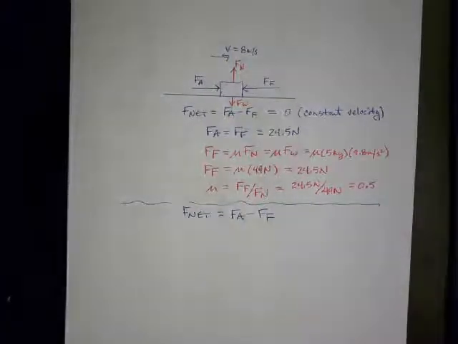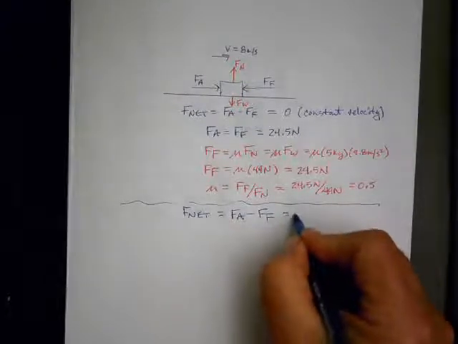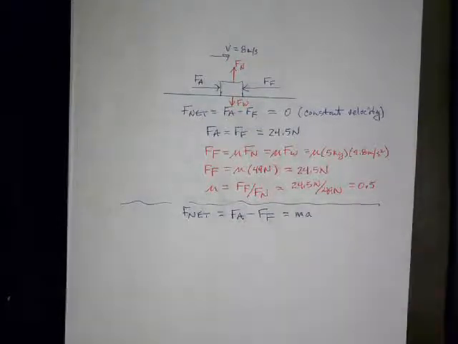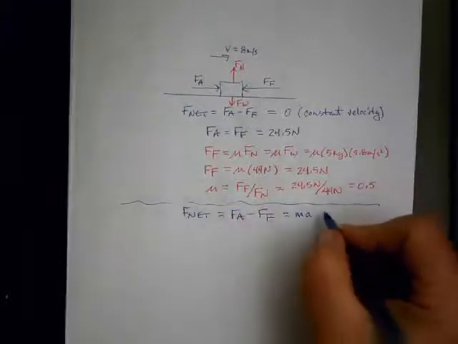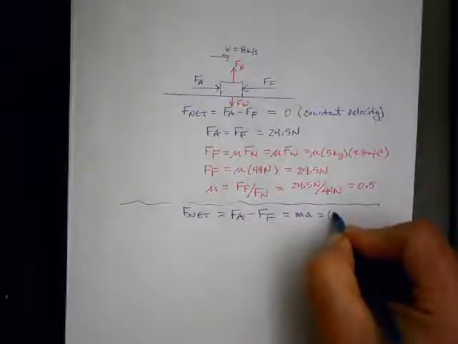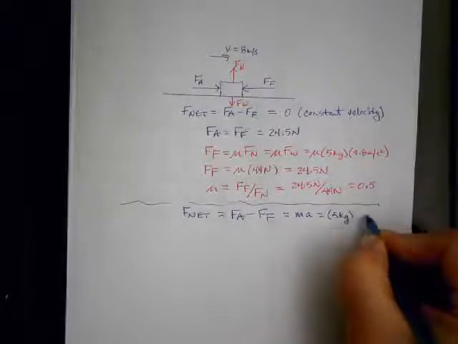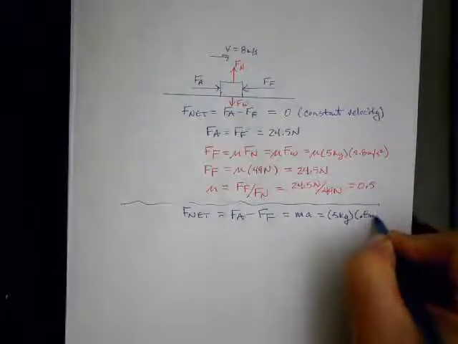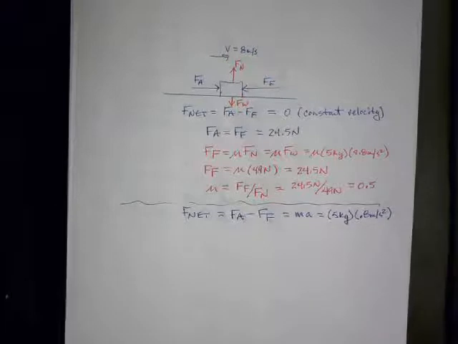But now there is an acceleration. It's accelerating at 0.8 meters per second squared. In other words, it's not going to stay at 8 meters per second. It's not going to stay at a constant velocity.